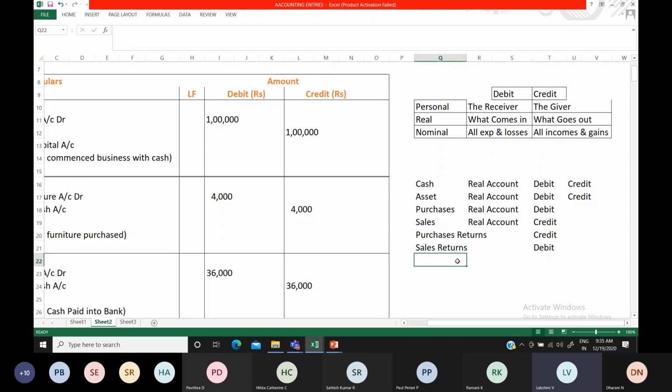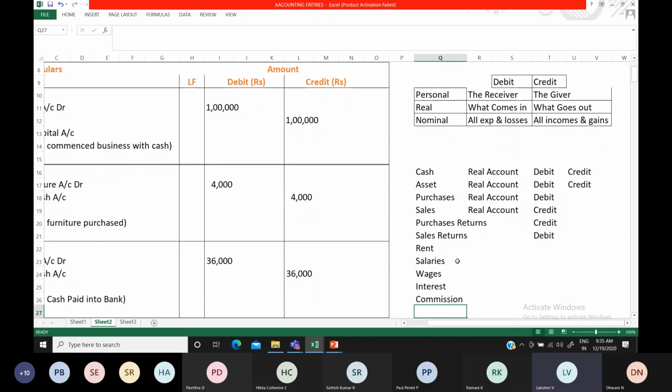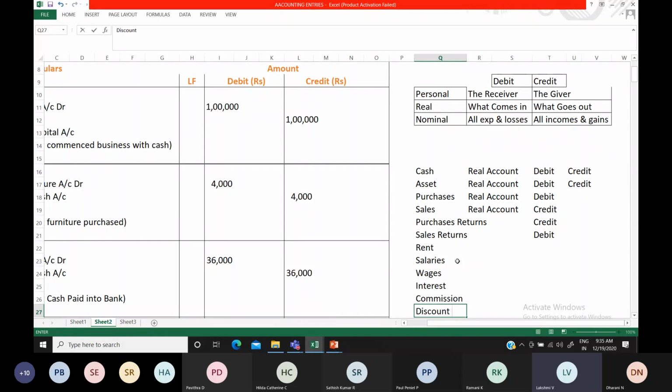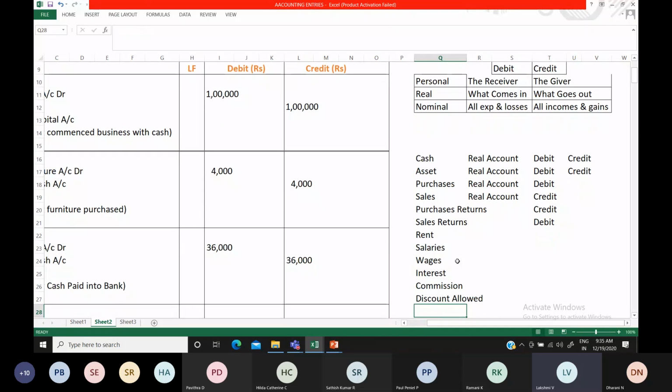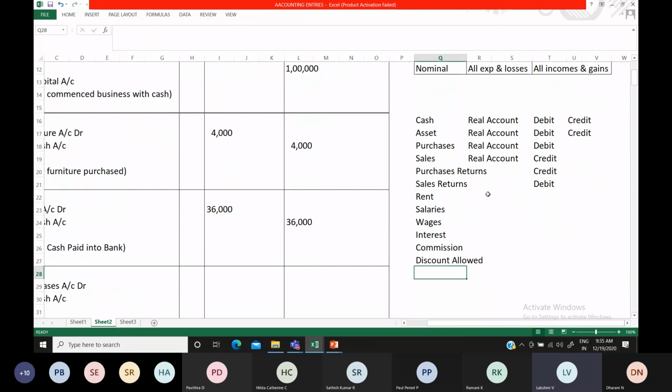Okay, so like this. In the case of rent or salaries or wages, interest, commission, and discount allowed, if this kind of items, from the big list I have given here, are given to you, then it comes under the nominal account only, and you have to debit that particular thing.